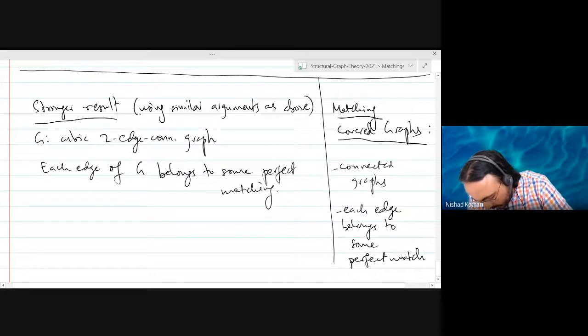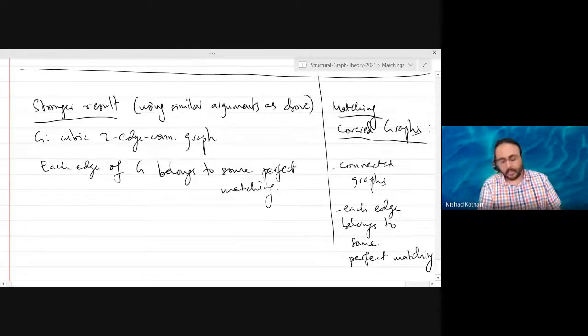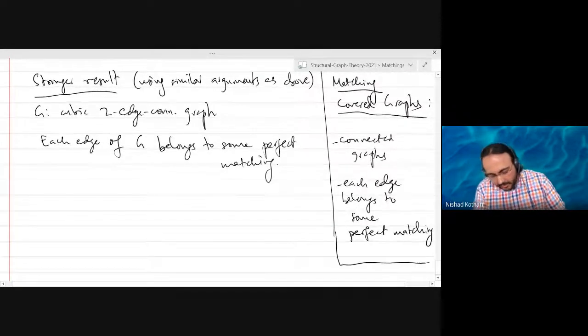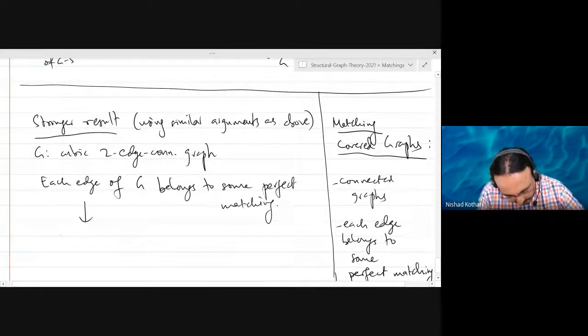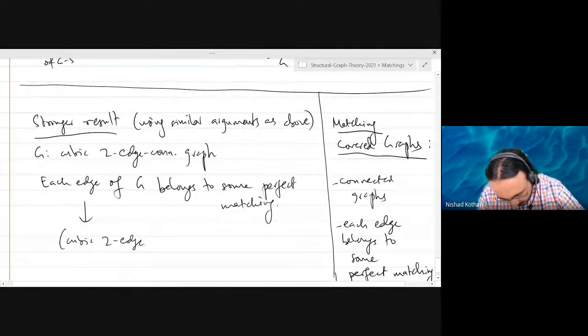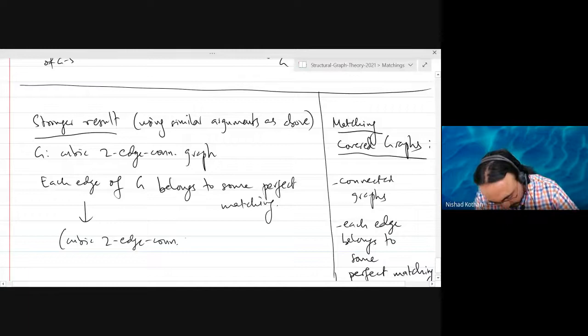They are generally called matching covered graphs in the current research literature. Another way of thinking about this result is that cubic two-edge connected graphs are matching covered, because they're connected by definition, and on top of that, each edge belongs to a perfect matching.